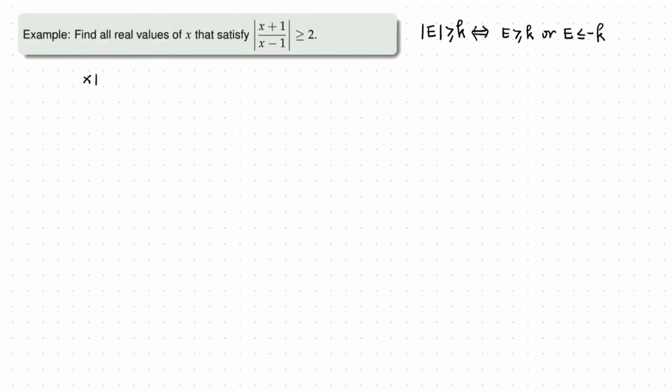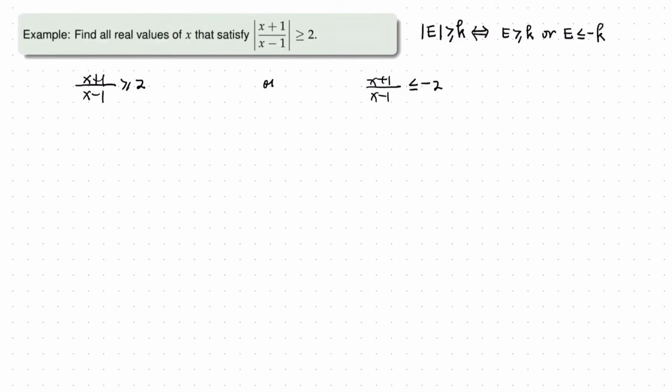So we get x plus 1 over x minus 1 greater than or equal to 2, or less than or equal to negative 2.